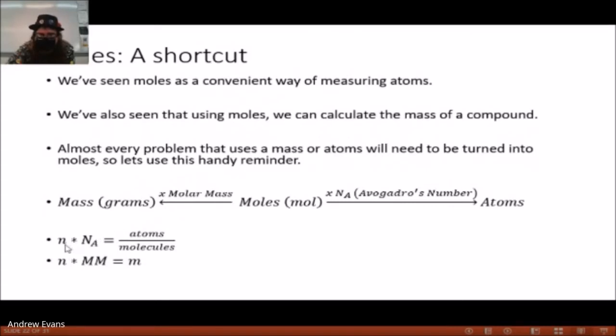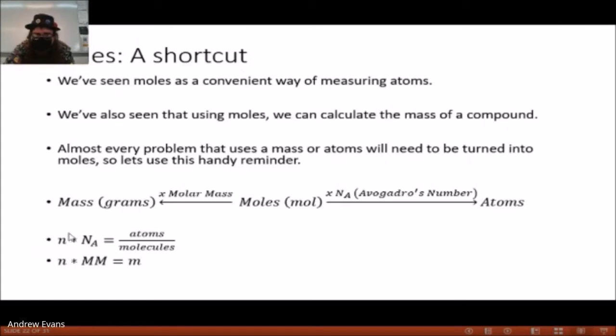The generalized equation is, here's a weird thing. The abbreviation for moles is going to be the small letter n. I don't know why. Don't ask me for this one, but whenever we say small letter n, that's going to be our moles. In some equations in the future, you're going to see the small letter n, that's usually moles.